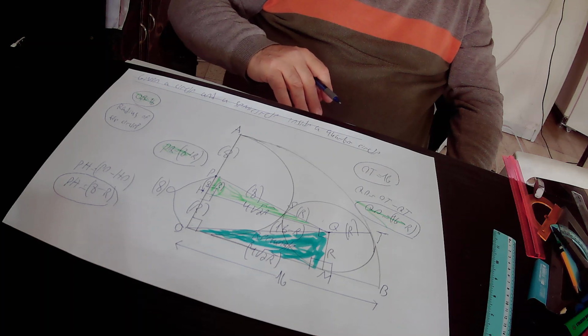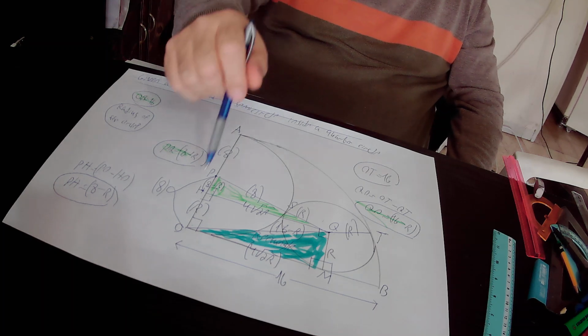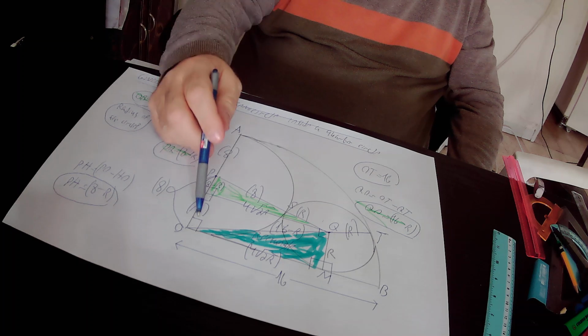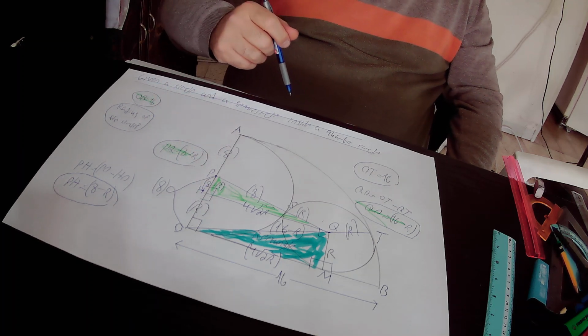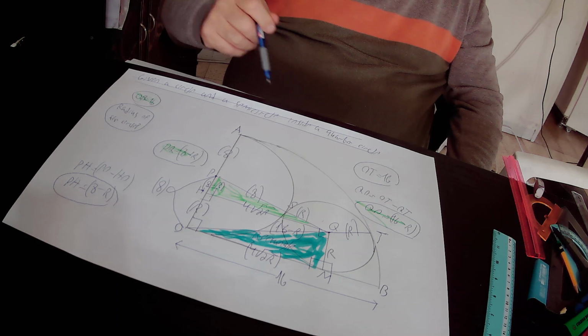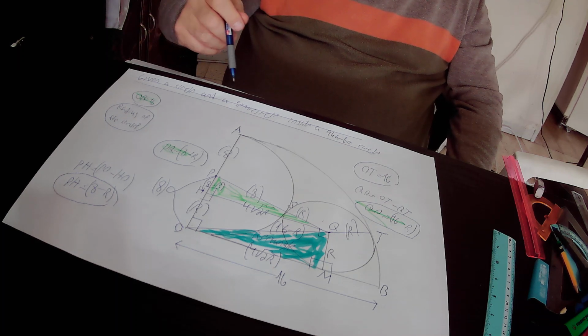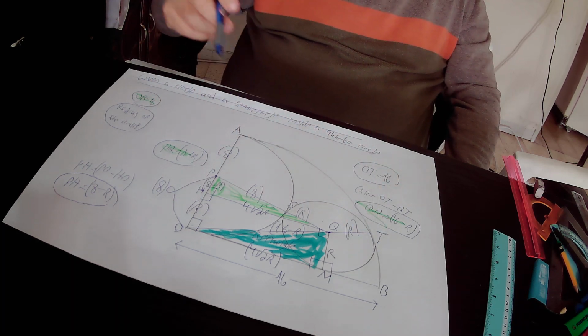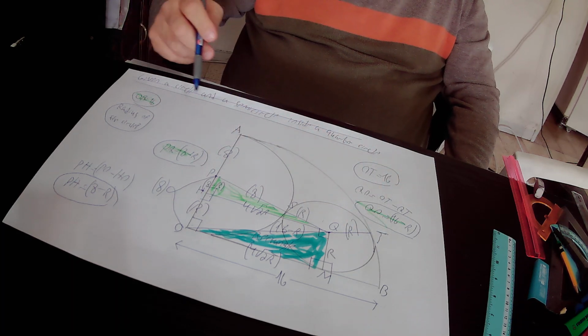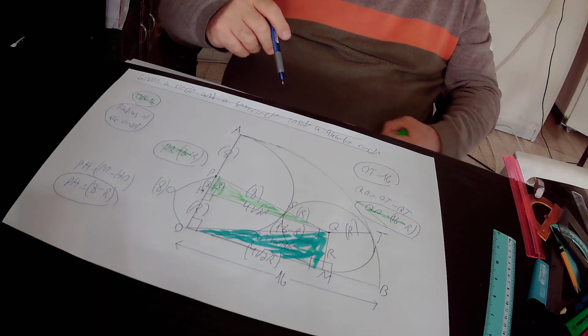So first of all, we know that AOB is a quarter circle, therefore this angle equals 90 degrees. And the radius of the quarter circle is 16. AO equals OB, they are both radii of the circle, equal to 16 units in length according to what is given in the question.